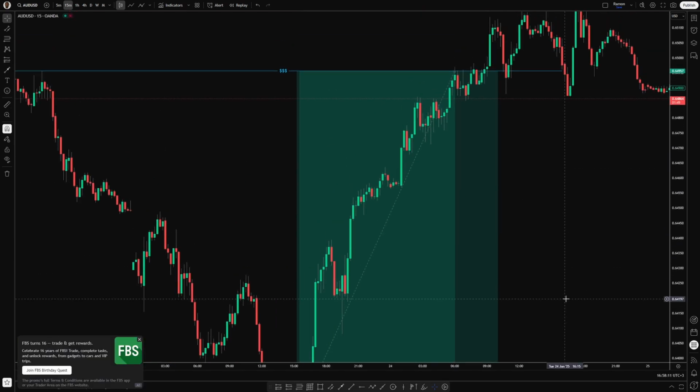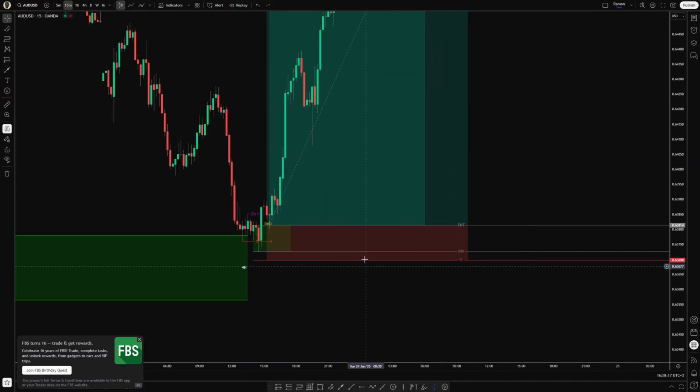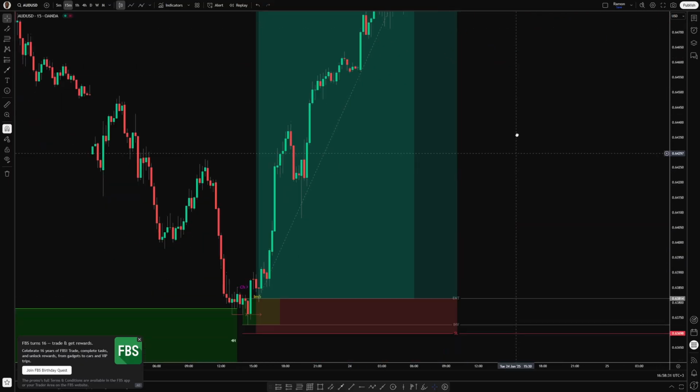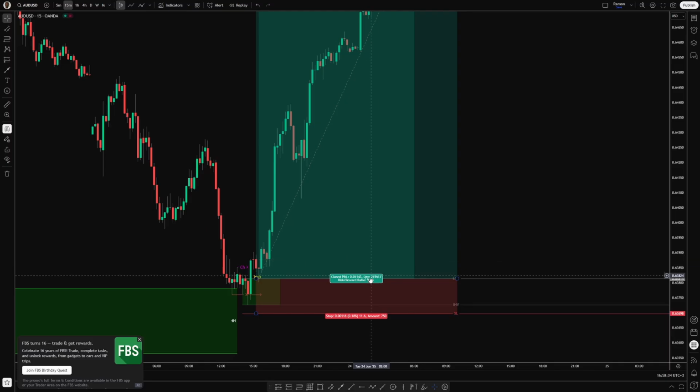And our take profit pips are up here. So we are risking 11.6 pips to make 114.3 pips, which is equivalent to 9.85%. So if we risk 1%, we are going to make 9.85%.